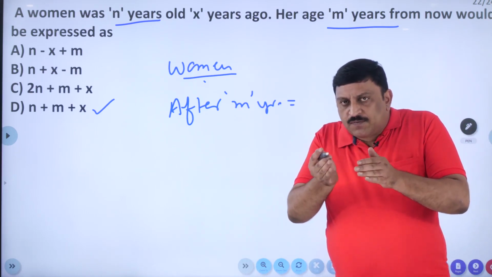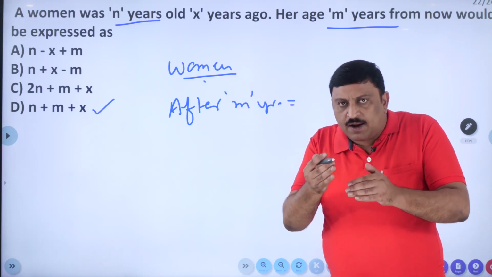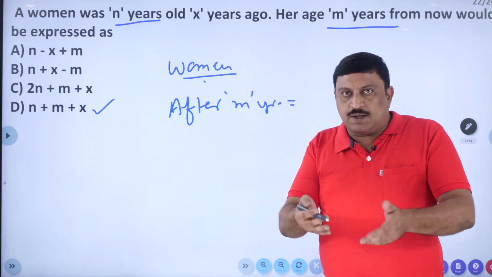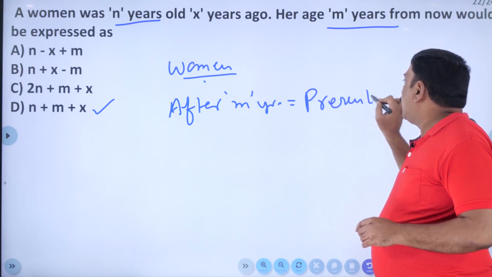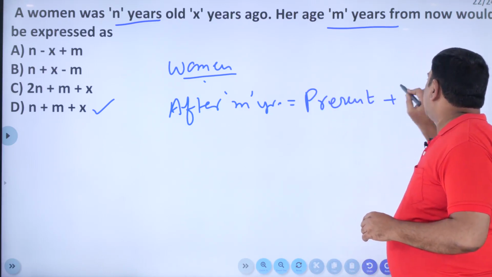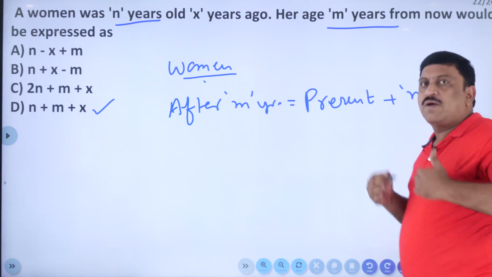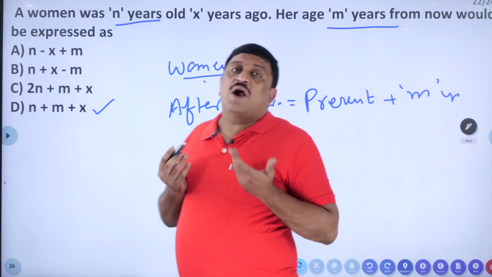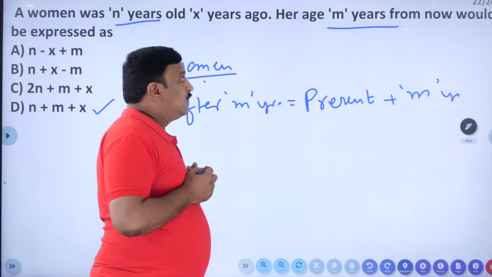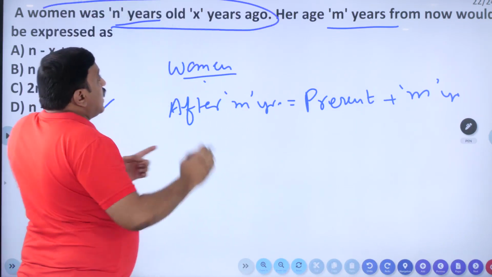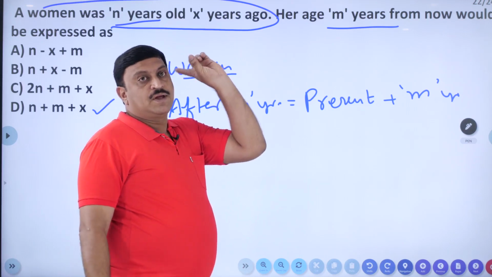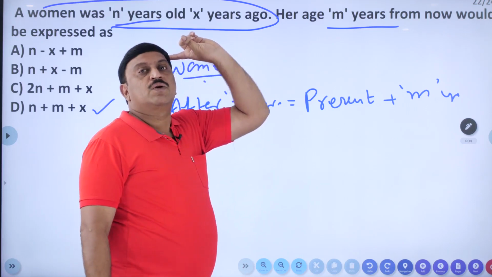After m years means after the present, so from the present we have to add m years. But who knows the present? The first sentence gives that: she was n years old x years ago.